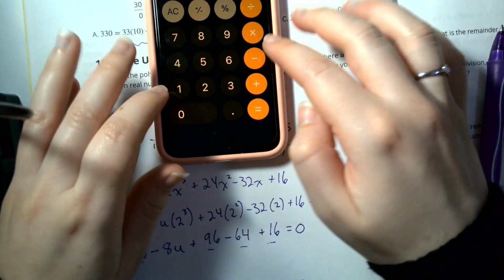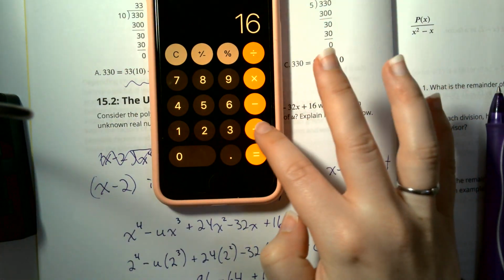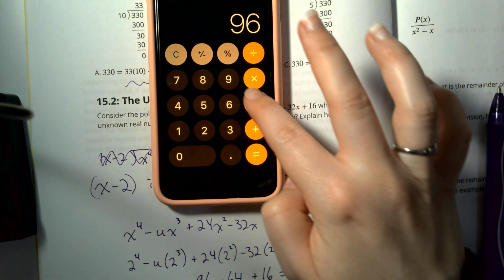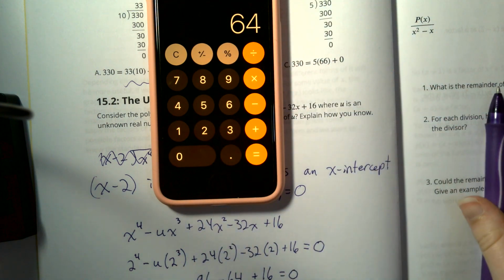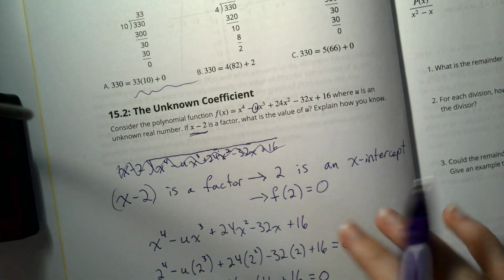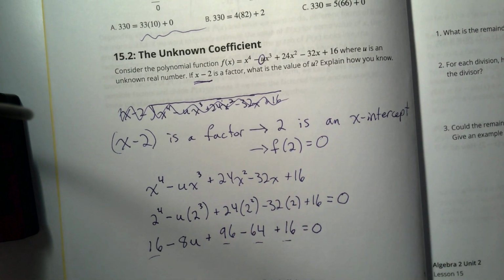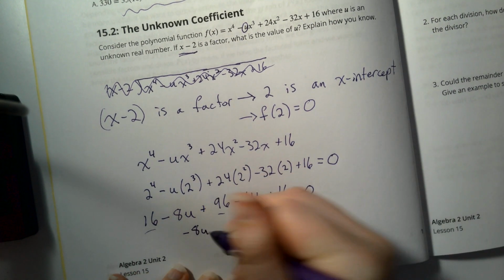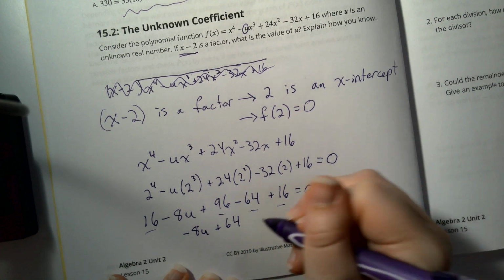We have 16 plus 96 minus 64 plus 16, which gives us 64. So that means this is equal to negative 8u plus 64, and that's going to be 0.